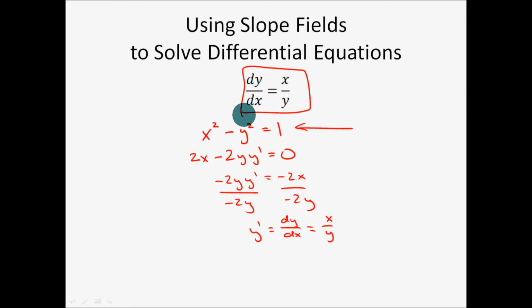But the solution to this differential equation is a hyperbola. So x squared minus y squared equals 1 is a solution. X squared minus y squared equals 2 is a solution. And x squared minus y squared equals 100 is also a solution. All of those are solutions to this differential equation.